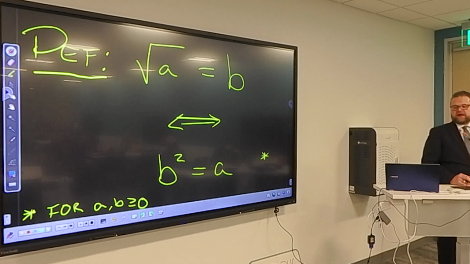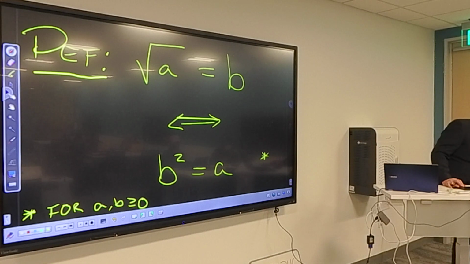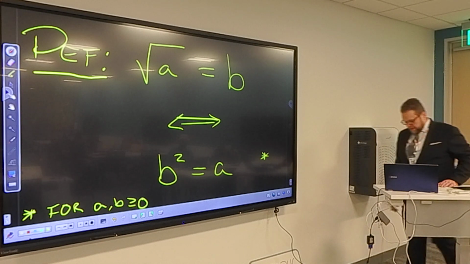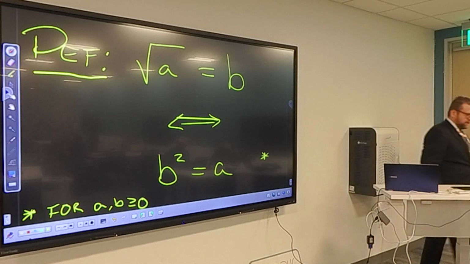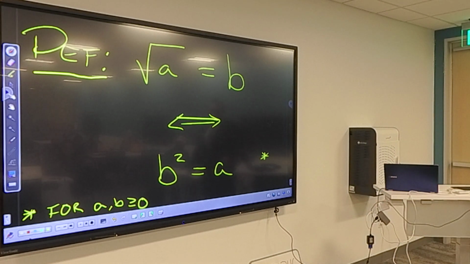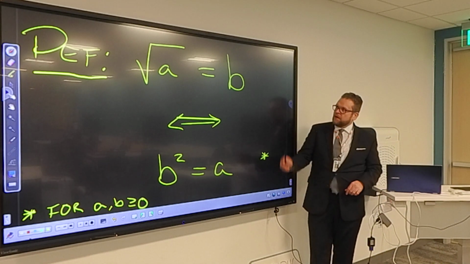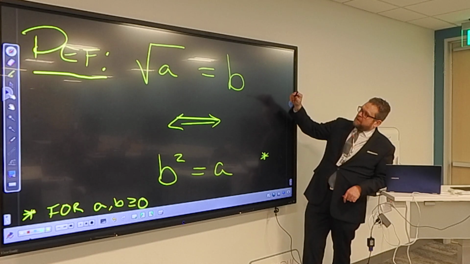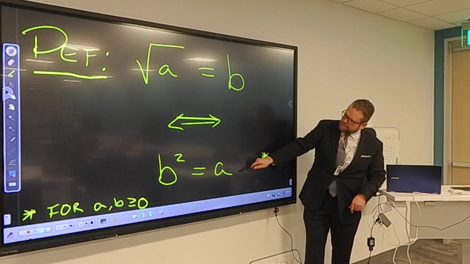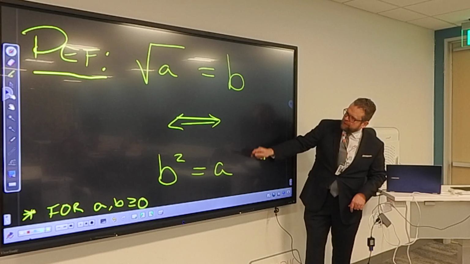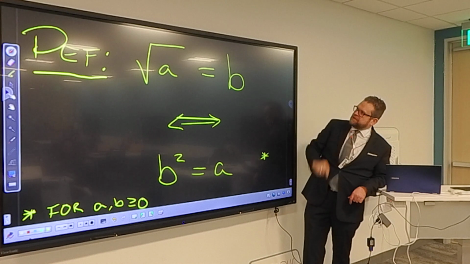Both A and B have to be non-negative, is what it says. Both A and B are non-negative, and if that happens, then you have this biconditional statement, where if I had this, then I could follow the arrow back this way and achieve this statement.